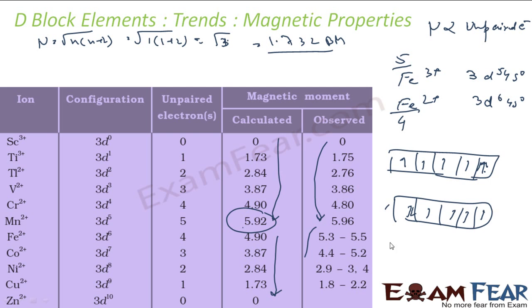Similarly, Cu2 plus is paramagnetic. If you see the electronic configuration, it is 3d9 4s0. So it has 1 unpaired electron. But Cu plus is 3d10 4s0, and this is diamagnetic.